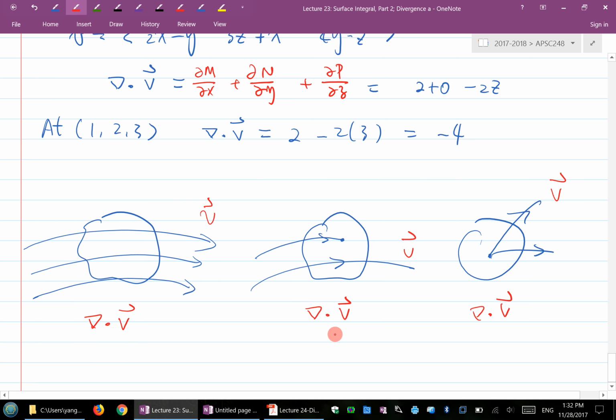The second one, del dot v. The third one, del dot v. Let's deal with this easy one. What do you think of this third case? Del dot v, what do you think, it's positive, right? Good. And the next one here, what do you think? Yes. What about this one? Good. So now you get an idea what del dot v is really telling you, right?